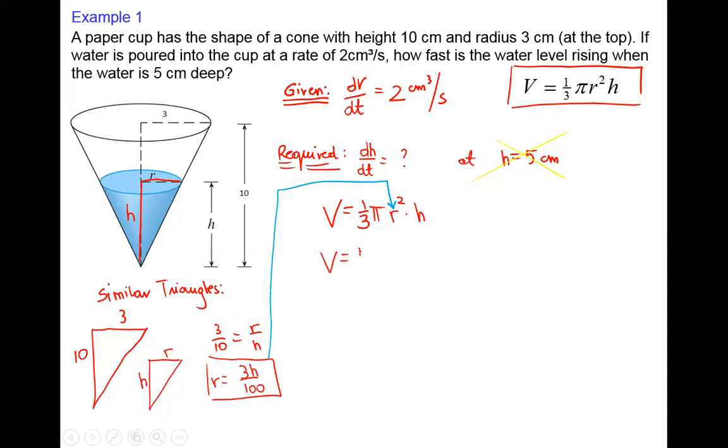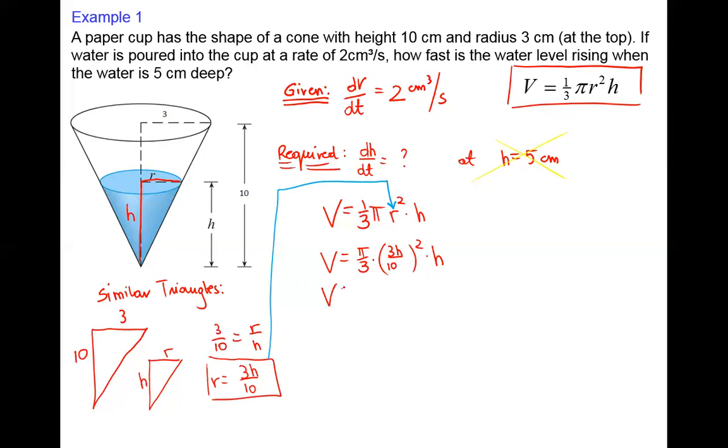V equals pi/3, radius squared, which is 3h over 10, squared, times h.